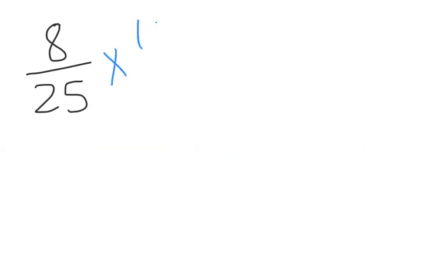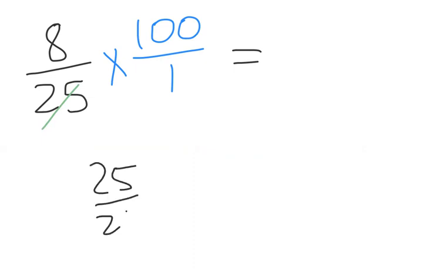And that is how you can do anything. So let's take something that might look different. This is a fraction that I didn't show you before, but it's the same process. Multiply by 100/1 and see if we can simplify. I'm going to take 25 divided by 25, which is 1.